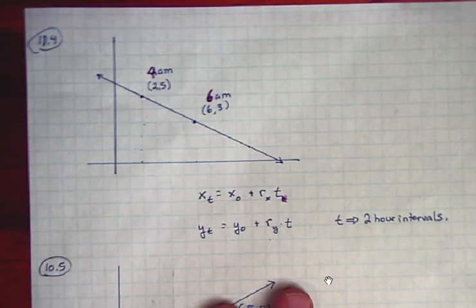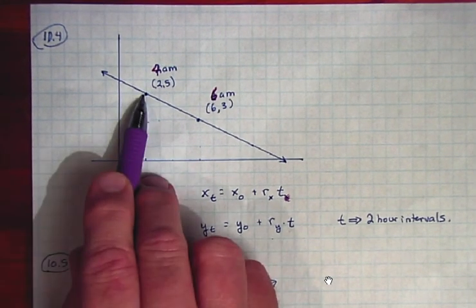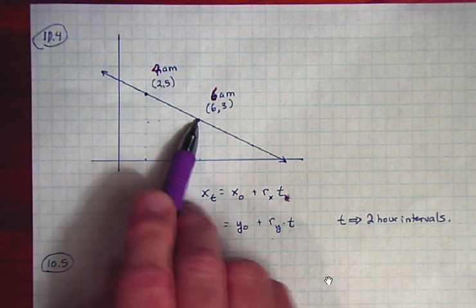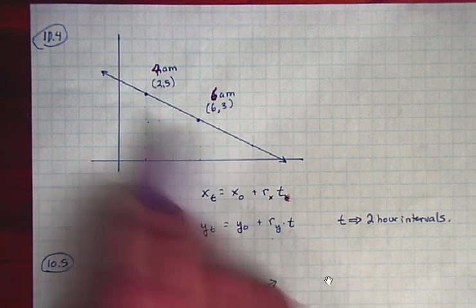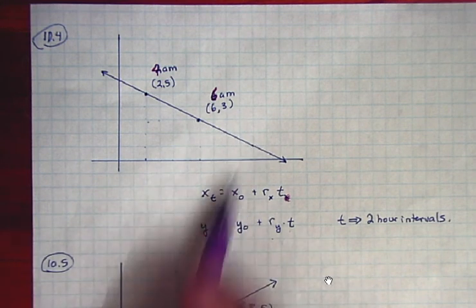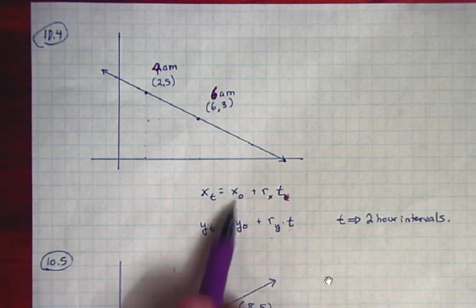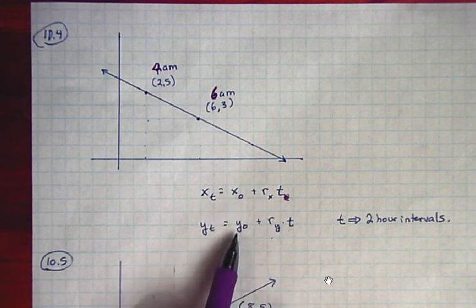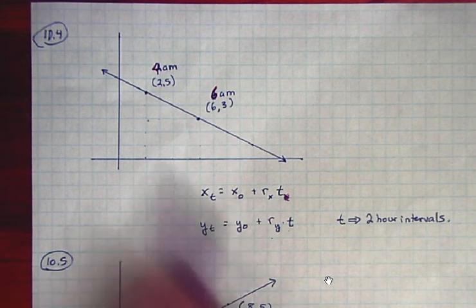Question 4, we go back to Blair and this dream. Blair is at a certain coordinate at 4 a.m. and a certain coordinate at 6 a.m. You could probably find out where she is at 8 a.m. by just looking at how far apart she's going each time. What you're asked to do is to look at this set of parametric equations. I'd advise you to put x sub naught and y sub naught, that's x at time 0 and y at time 0, right here.